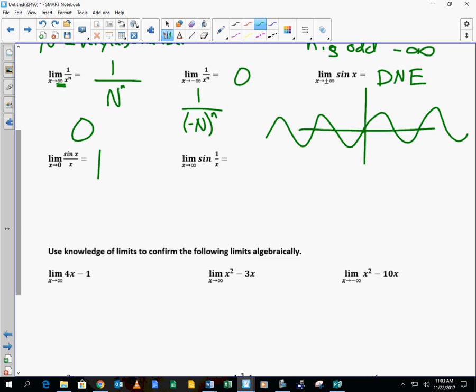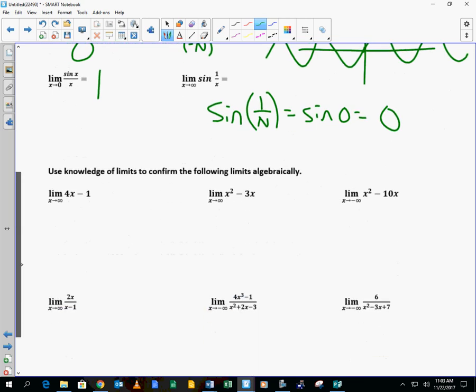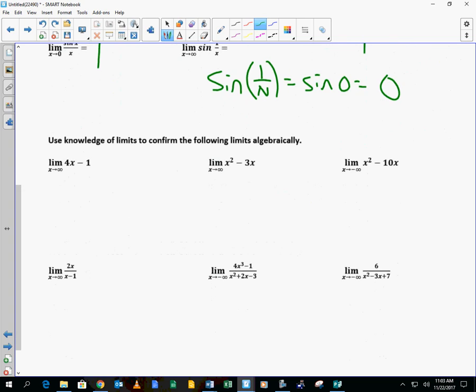Now I'm headed towards infinity. What's going to happen to 1 over x? It's going to be like sine of 1 over a very large number, which you guys said would be the sine of 0, which would be 0. Very good.